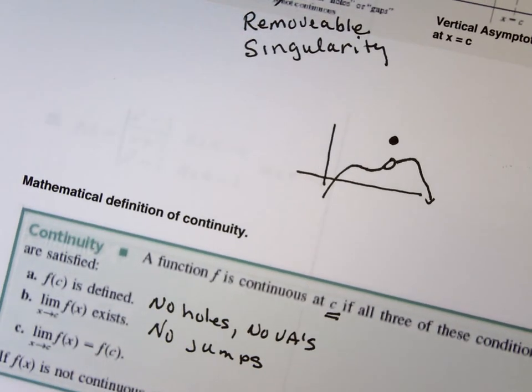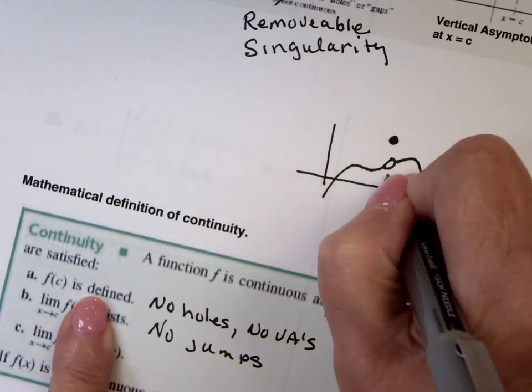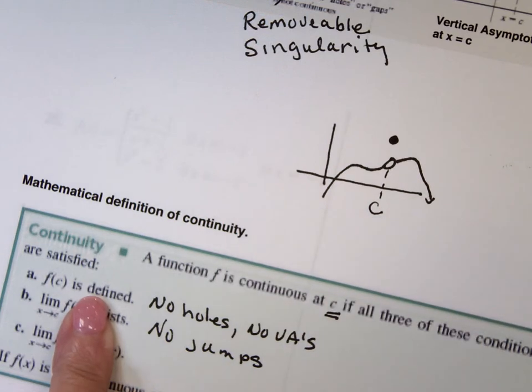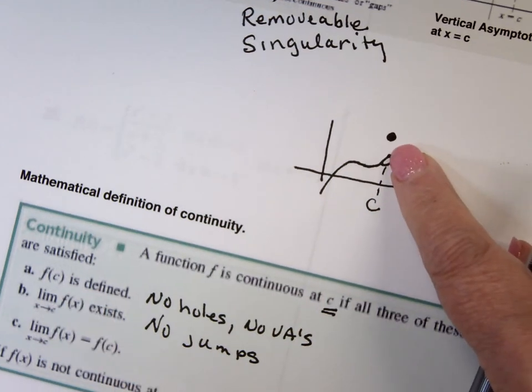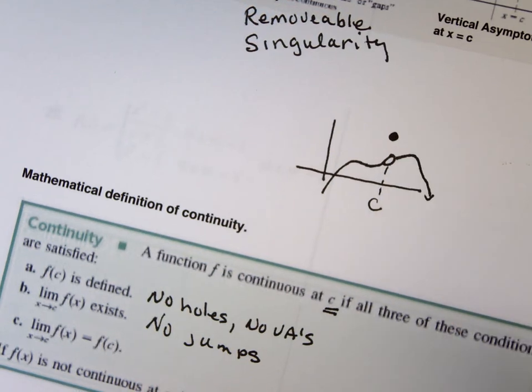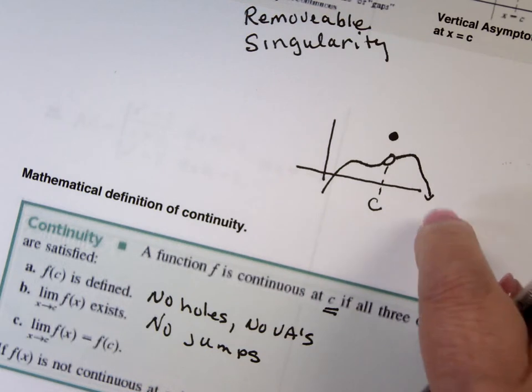That's true. But does f of c, if this is c, exist? Yes. Yep, it's that stupid solid dot. So f of c exists. So we have to have the kicker to take care of this condition right here.